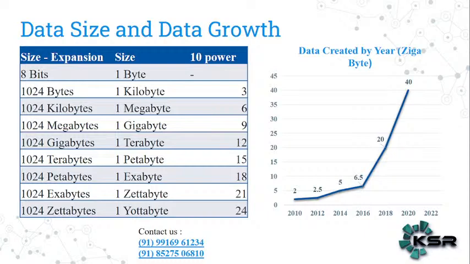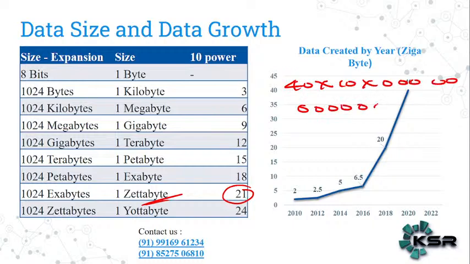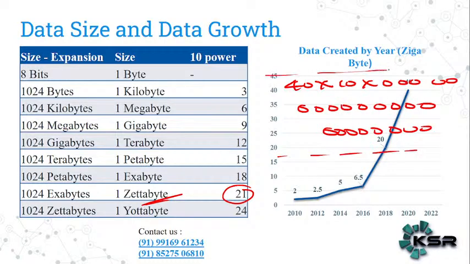People who are wondering what this 40 gigabytes is, 40 followed by 10 zeros is what the data is getting generated. Now when I say 40 gigabytes, 1 gigabyte is 21 zeros, so 40 followed by 10 followed by 21 zeros.